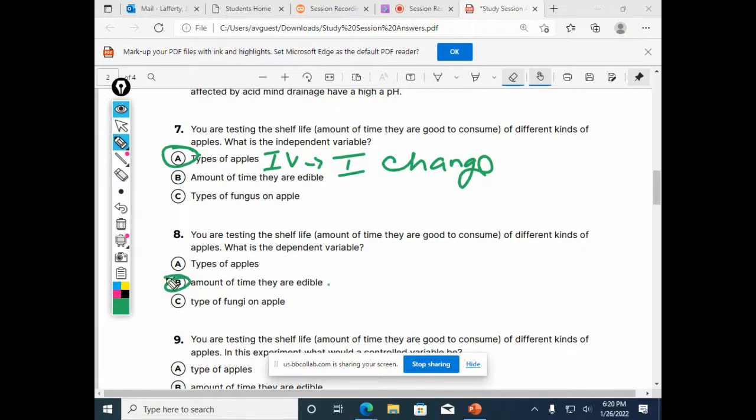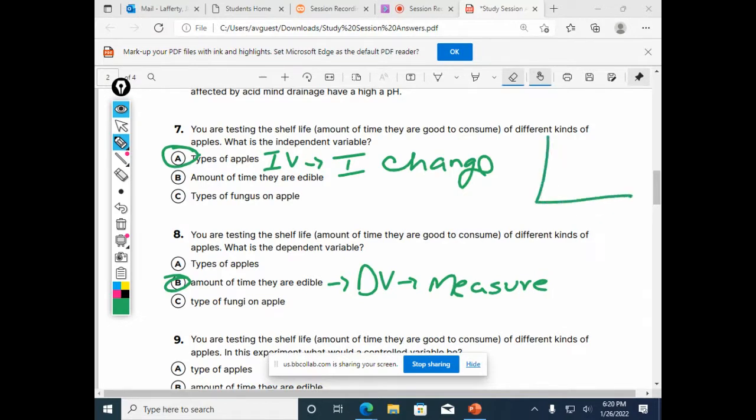So this is what you're measuring. If I were to make a graph of my data, what would go on the y-axis and what would go on the x-axis? Yes, good.